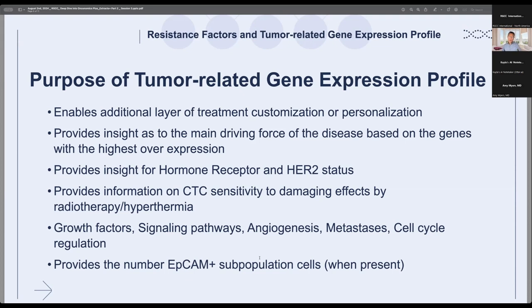Now, it's always important to keep in mind that when you're doing the gene expression profile, you're basically addressing growth factors, signal transduction pathways, angiogenesis, metastasis, cell cycle regulation. So all this information here, particularly the first four, growth factors, signaling, angiogenesis, metastasis, are all going to be addressed in the class 3 natural substances, especially the growth factor, signaling, and angiogenesis.